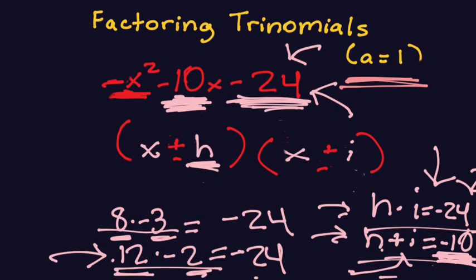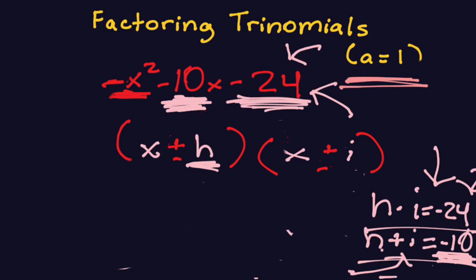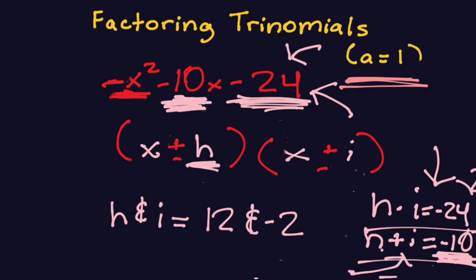So I know that my h and I values can equal 12 and negative 2. Now they're interchangeable. 12 can be h and negative 2 can be I, or vice versa. It doesn't matter.